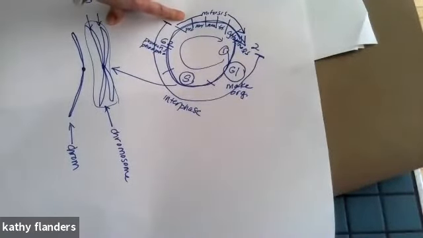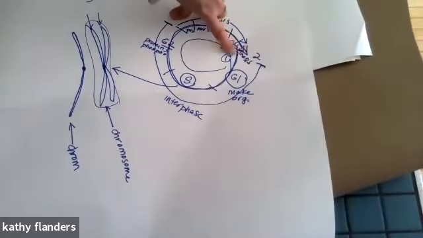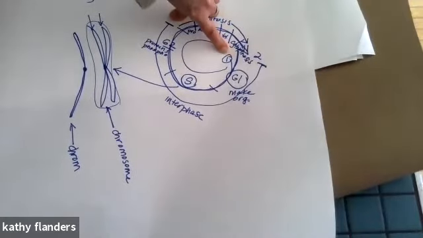And that's when our cell is actually going to distribute the chromosomes and divide. So in mitosis, we're going to distribute the chromosomes, and then we're going to divide into two cells.